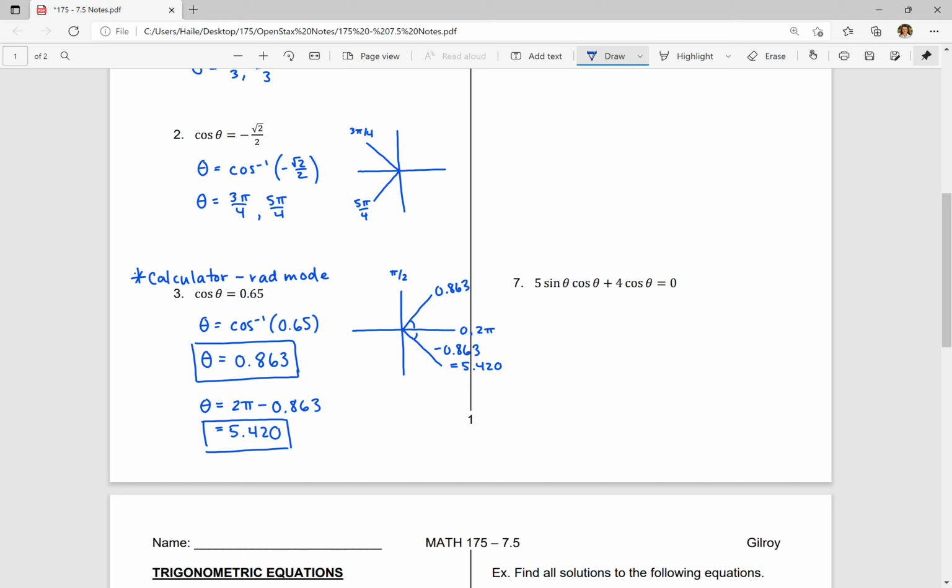But since we're thinking about the whole rotation, 0 to 2 pi, we're going to have a second angle in there somewhere, and it's our job to find it. So whether you have to draw yourself a picture or show some kind of work, I need to see that you can get that second angle. All right?